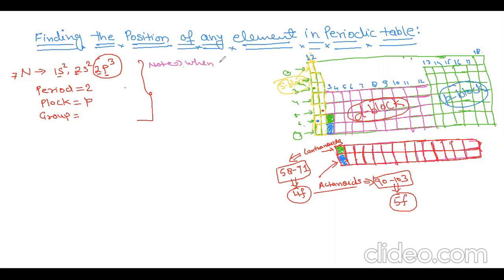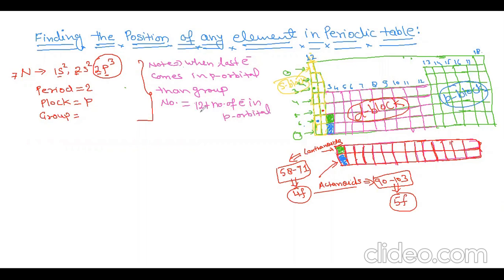When the last electron comes in the p orbital, then group number is equal to 12 plus the number of electrons in the p orbital.